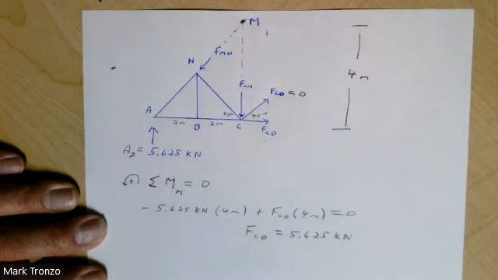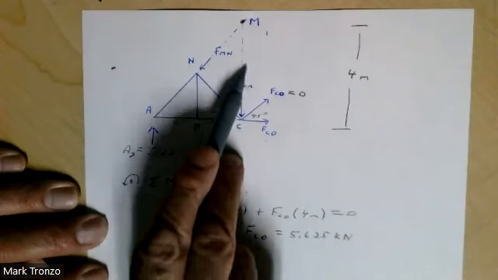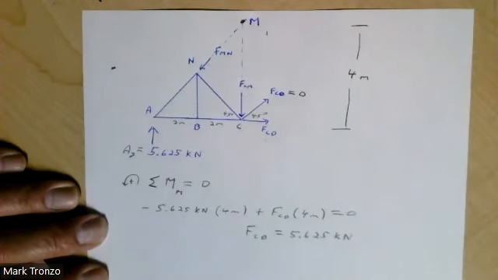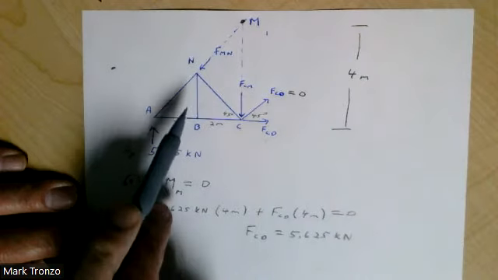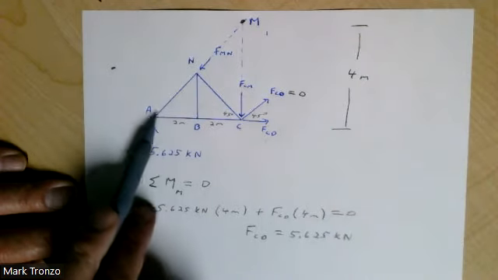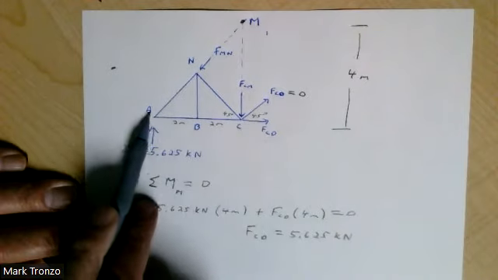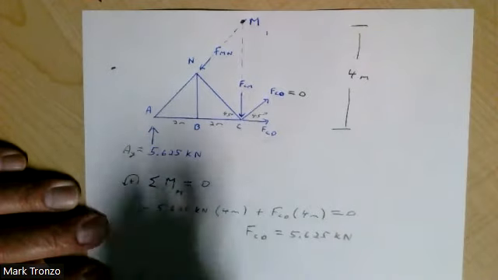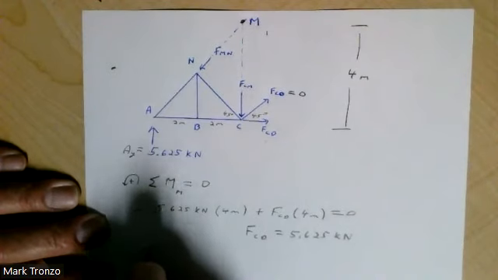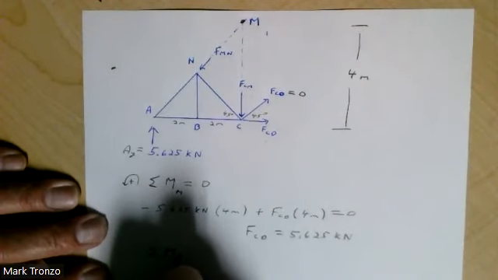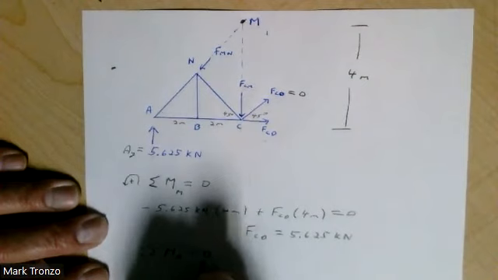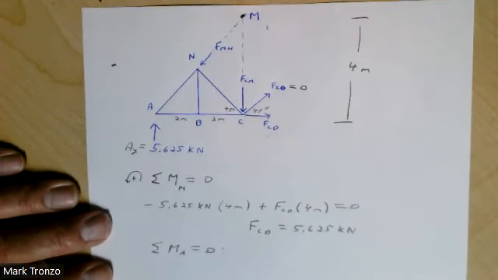Then the other force that we need is going to be FCM. Once again, what we could do, that's 0. This actually goes through A. So we might want to sum the moments about A and set that equal to 0.